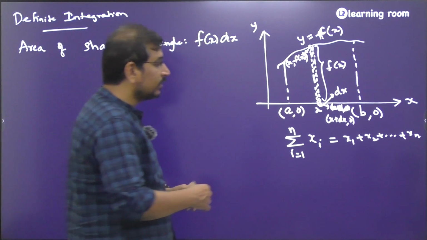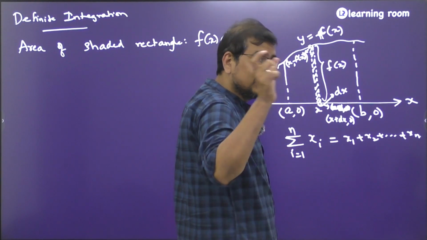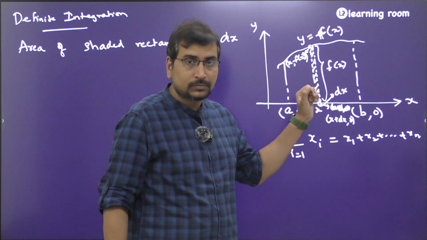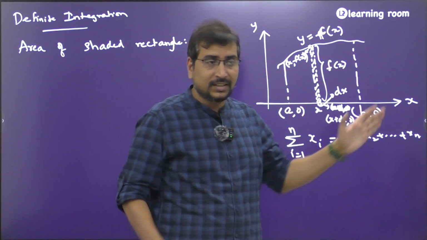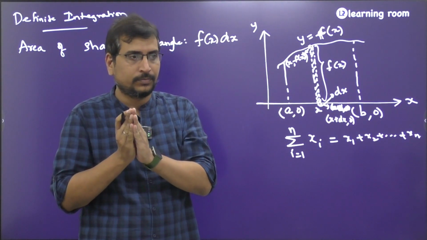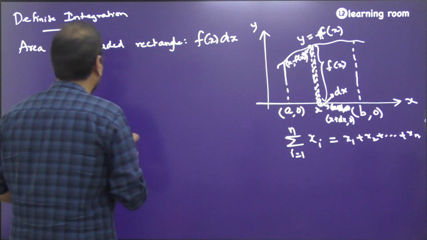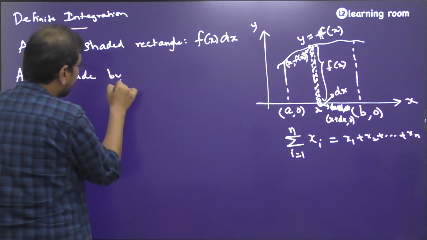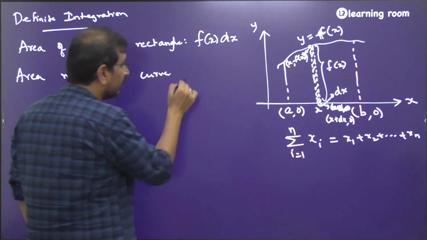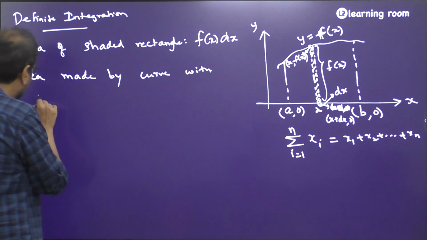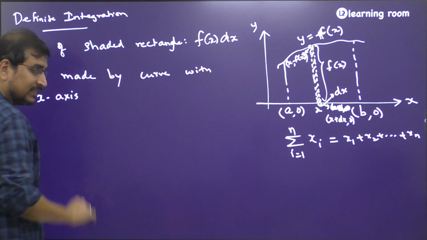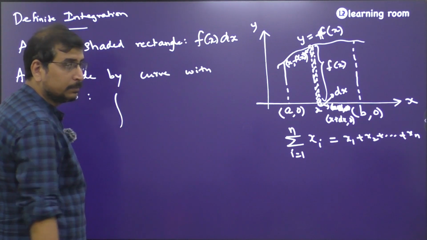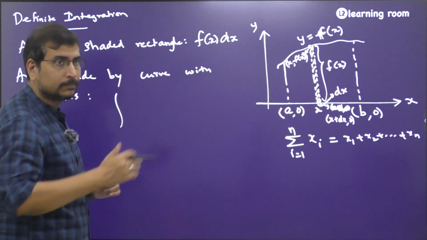You will use a sigma when you have discrete data in your hand, whereas here you have continuous data, meaning you have infinite such rectangles attached to each other. So whenever you have continuous values, to find the area made by the curve with the x-axis, the sigma is replaced with the symbol of integration because you are adding.